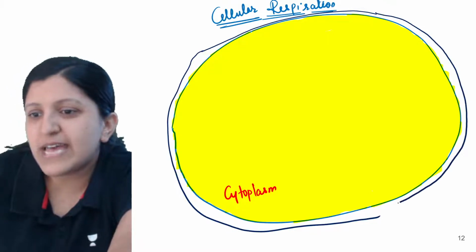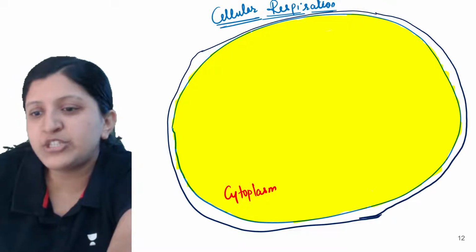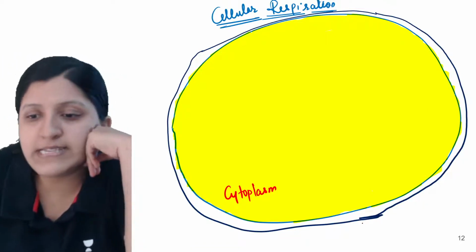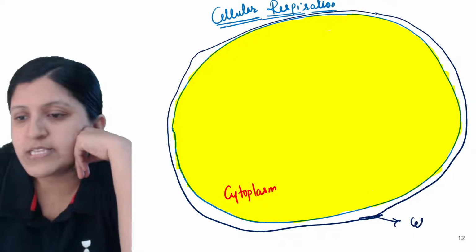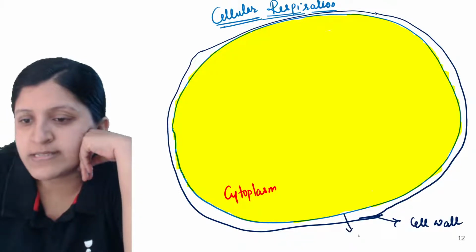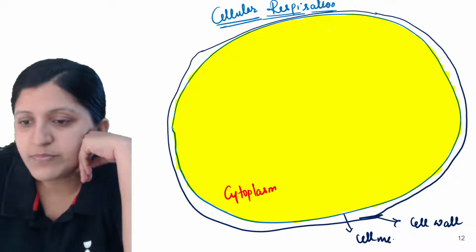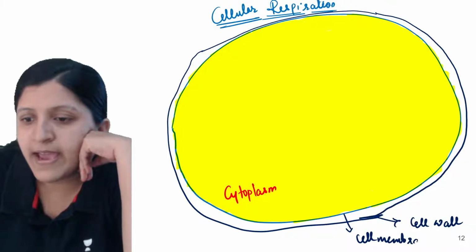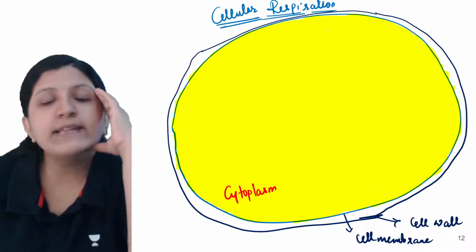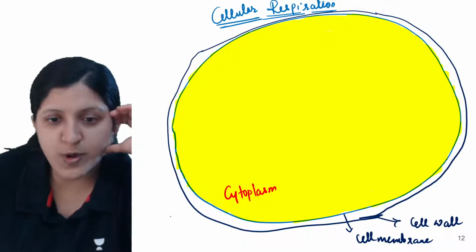So the only difference is that there is a cell wall formation. So now there is a cell wall. So let me write this one. This one is the cell wall, this one is the cell membrane. All right, and here in the cytoplasm you can see there is a glycolysis process occurring.